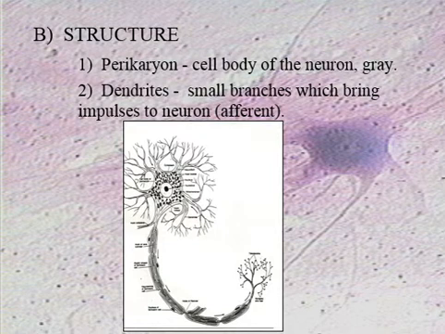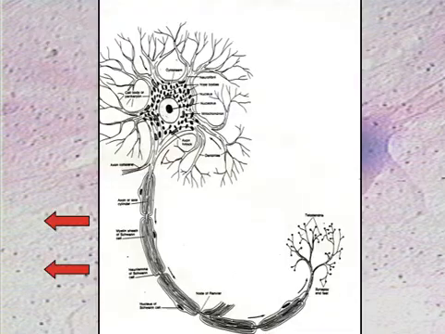When we look at that neuron, we find that there is a nerve cell body, and that nerve cell body we're going to call the perikaryon. Karyon means nucleus. Peri means around.